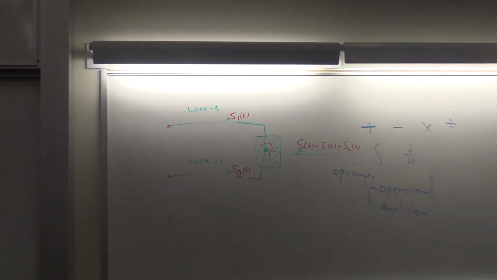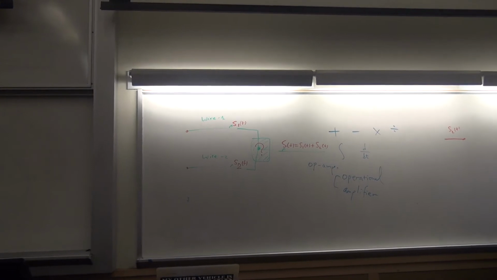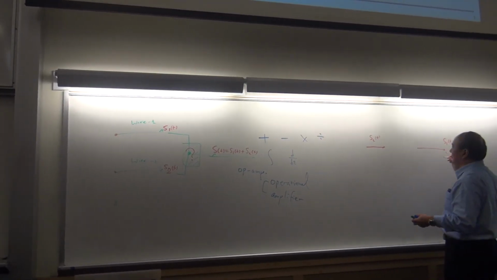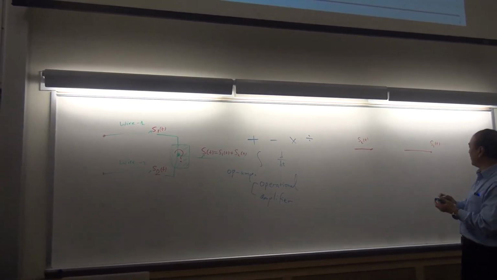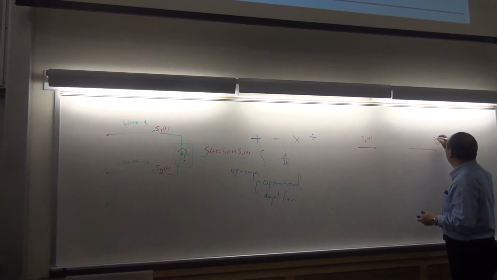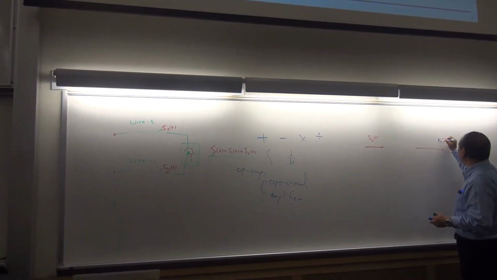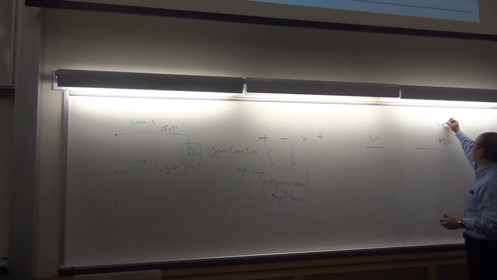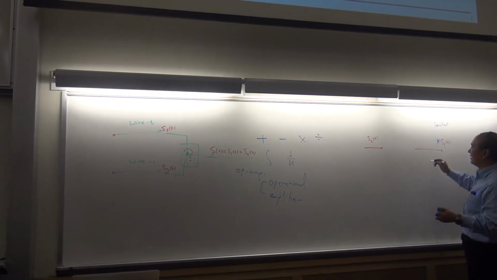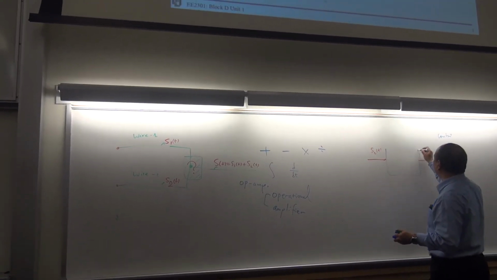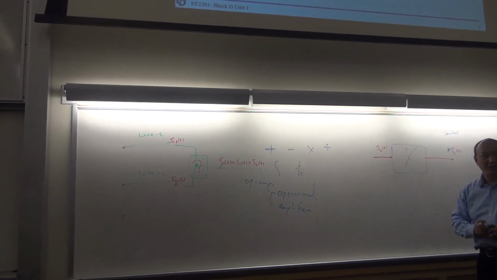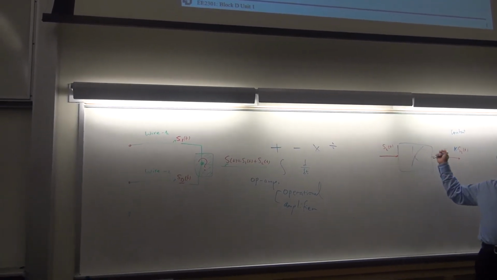I want to have a signal here which is also signal 1, S sub 1, but I want it to have a K in front of it. K is a constant. I'm amplifying this signal. Okay?